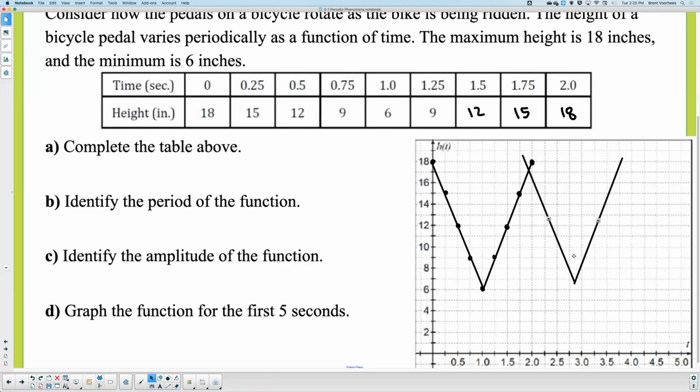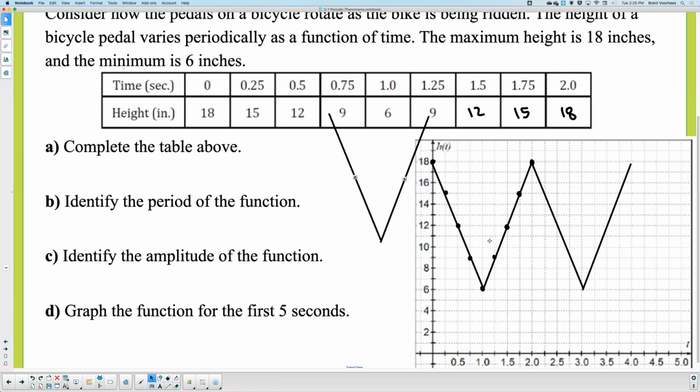You could predict where the pedals would be if you continue to pedal exactly the same. It's like that, and we'd have one more we could fit in there. Like that.